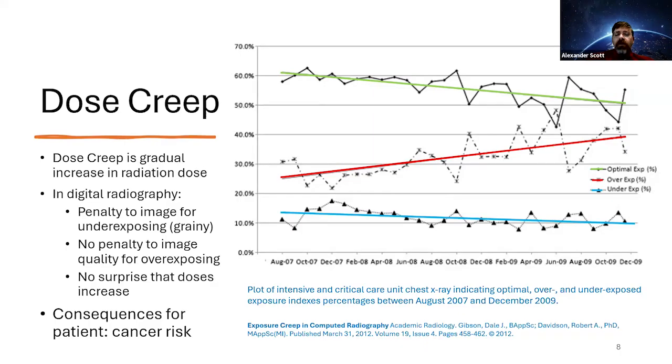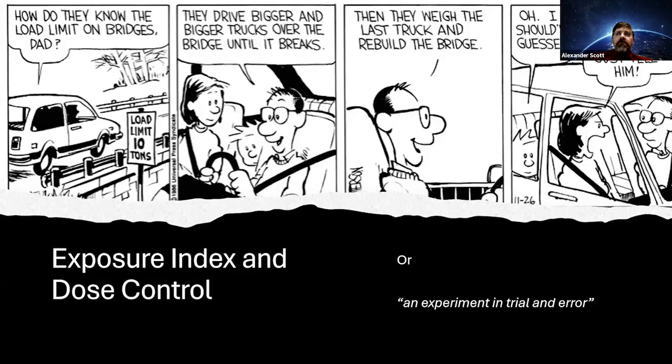So we always want to have the lowest dose that provides enough image quality to make a diagnosis. If I were getting an x-ray, I wouldn't want it to be so low dose that the doctor couldn't read it. So it has to be good enough for diagnosis, but no more. And so we need to have some kind of metric that will determine whether it's good enough or not good enough.